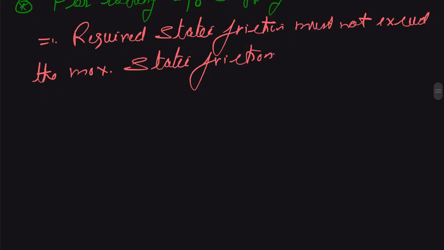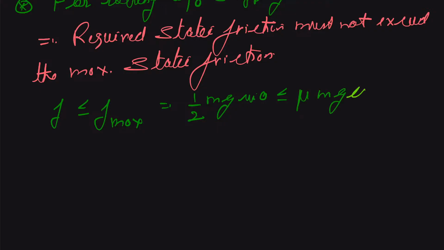And we just found out the required static friction, which is our F. It should be less than or equal to F max, and F we got as 1 by 3 mg sine of theta, which should be less than or equal to mu times N, which is mu, and normal is mg cos of theta.